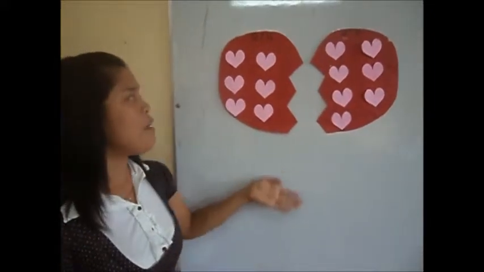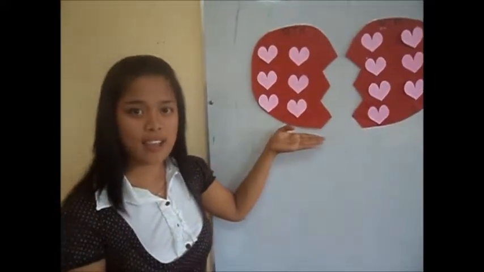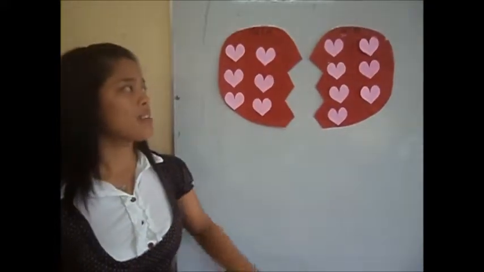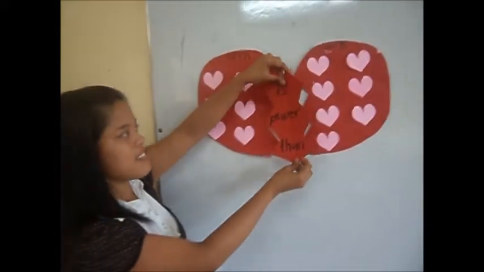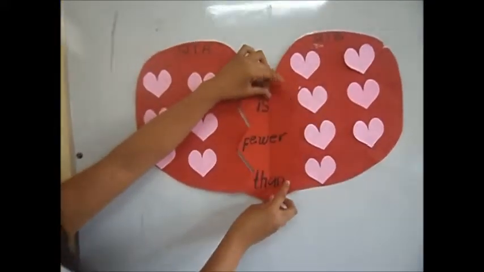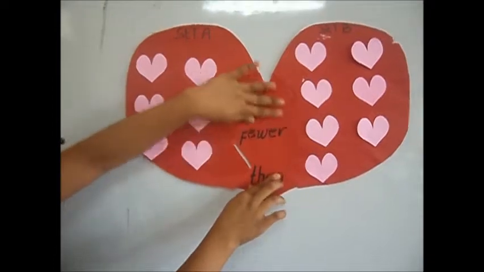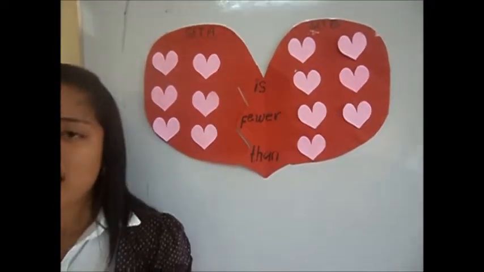Again, how many hearts in set A? Very good. There are 6 hearts. How about in set B? Very good. There are 7 hearts. Therefore, 6 hearts in set A is fewer than 7 hearts in set B.